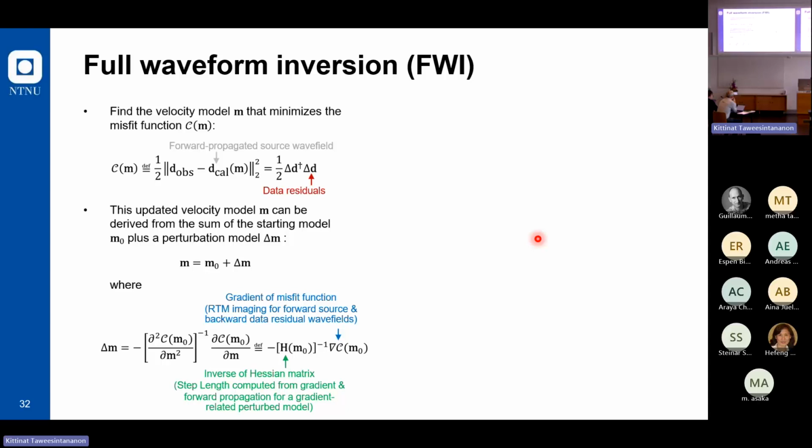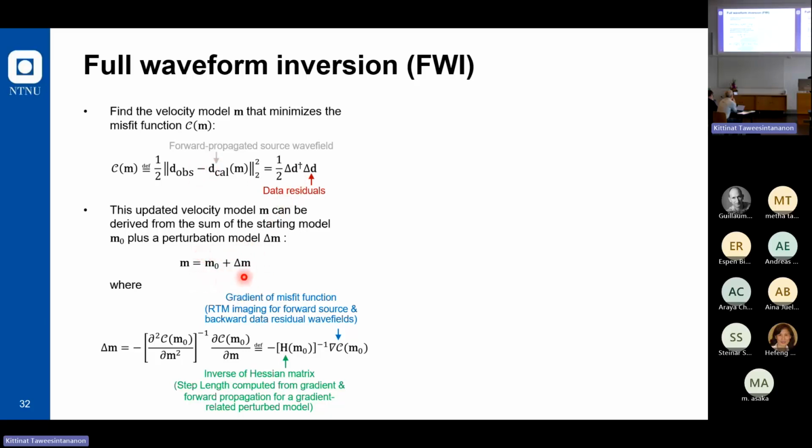Briefly about FWI, it is a way to find the velocity model by minimizing the misfit function. The misfit function here is the difference between the observed data and the modeled seismic data. So we optimize in the least square sense, and we need to find the updated model.